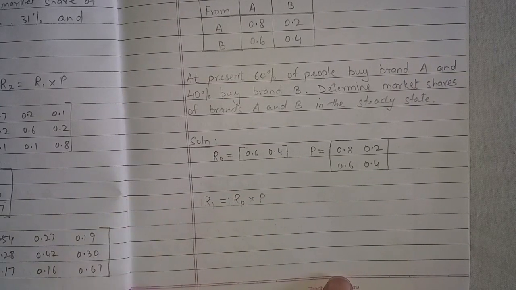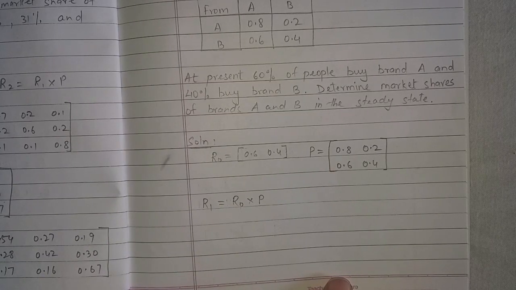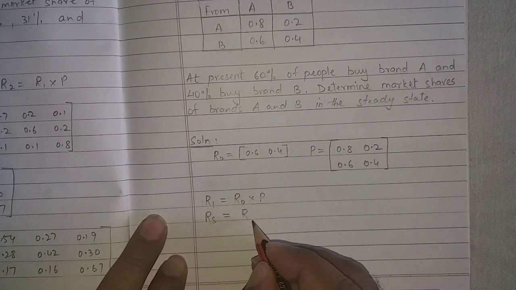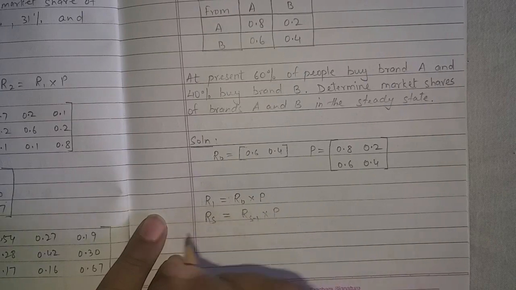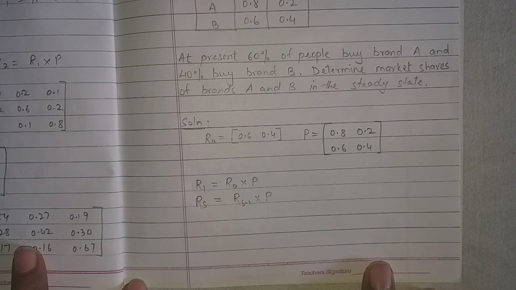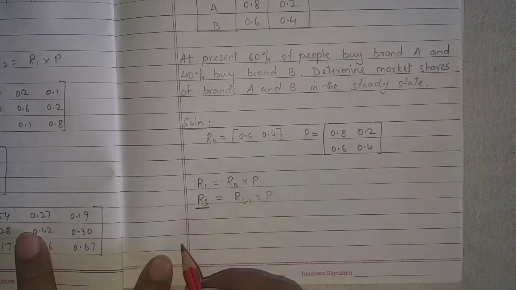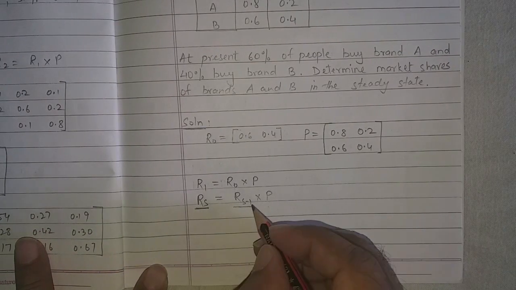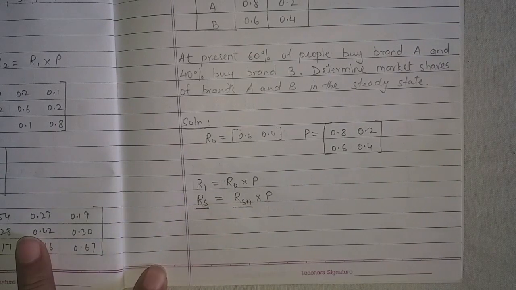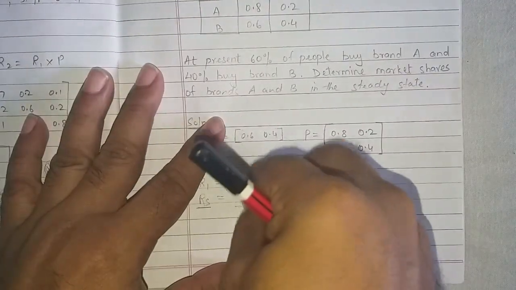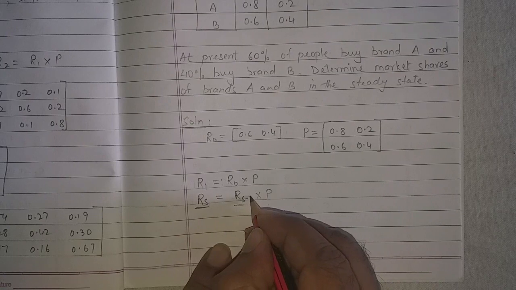Now for this example, because we have to find the steady state, we are going to make use of Rs equal to Rs minus 1 into P. And from the definition of a steady state, we can immediately say that the value of Rs will be the same as the value of Rs minus 1, or even Rs plus 1.